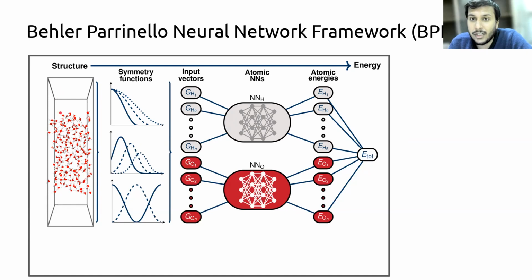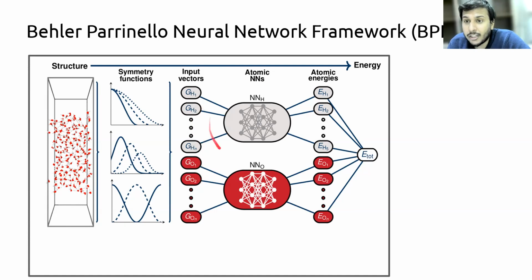So you take your data, which could be 3N dimensional, and for each hydrogen atom you come up with a vector of dimensionality n, where each element of this vector is a symmetry function, and you do the same for the oxygen. They don't really have to be of the same dimensionality.